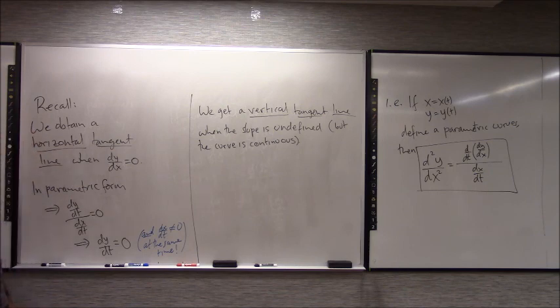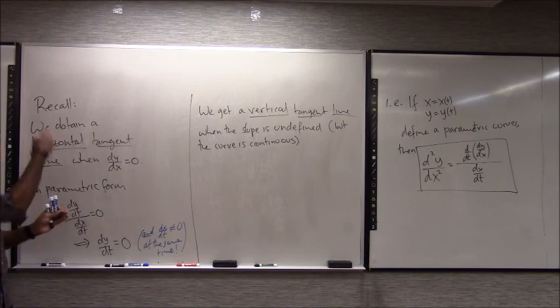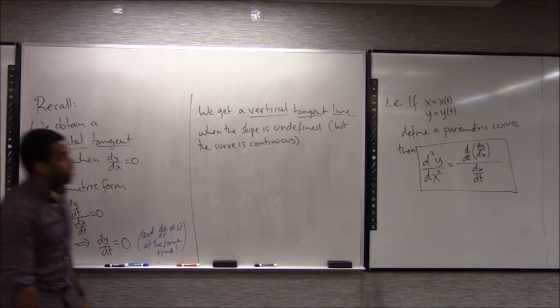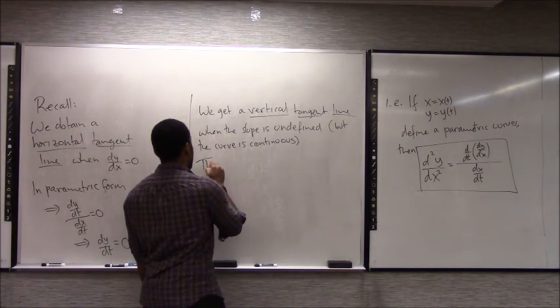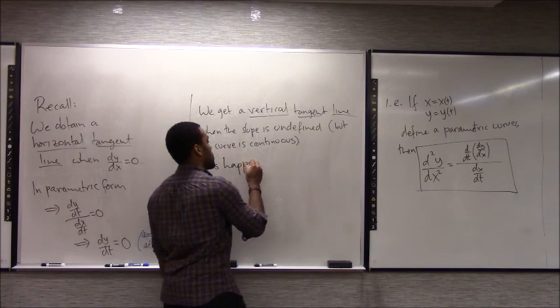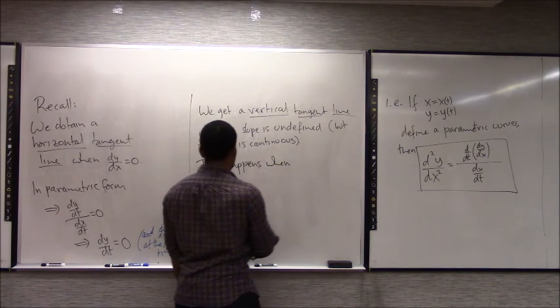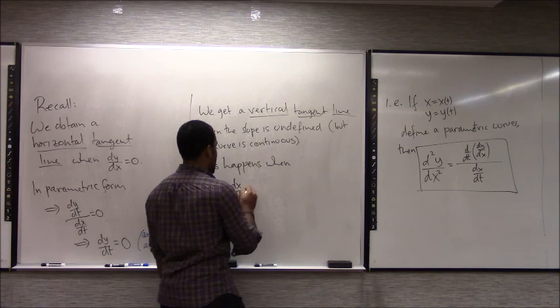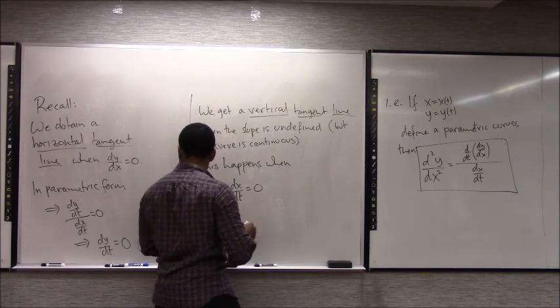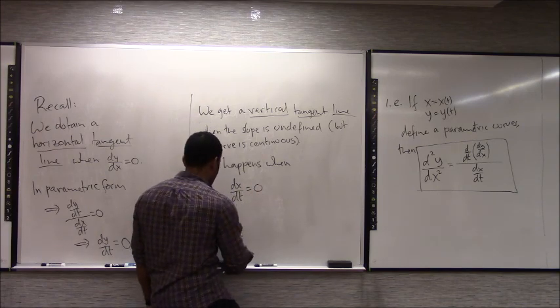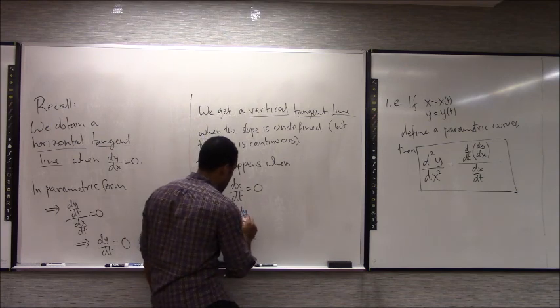Well, potentially this will happen if the curve has no problem at the point that I'm considering. However, the rate of change of the x-coordinate is going to be 0, which means the function is not going to be moving to the left or to the right. It's going to be staying on the same x-coordinate. And so this happens when your dx dt equals 0, and your dy dt is not 0 at the same time.